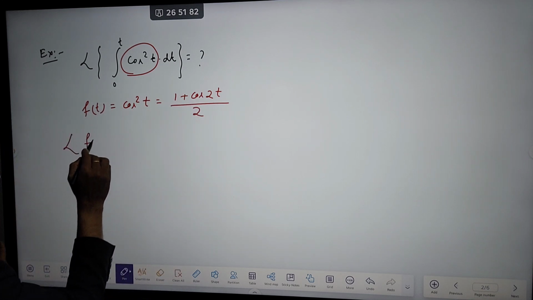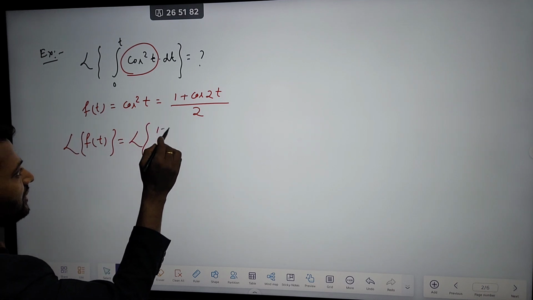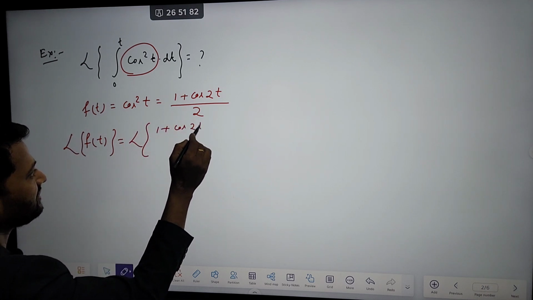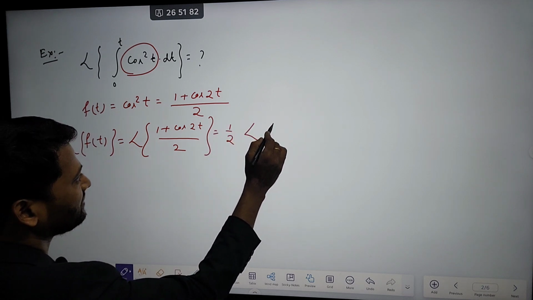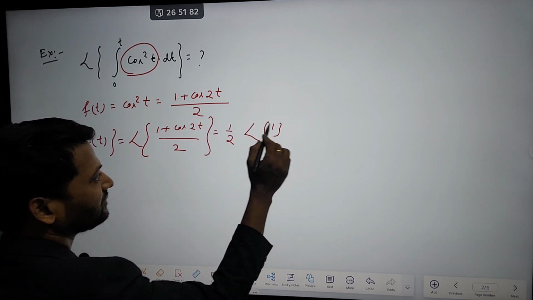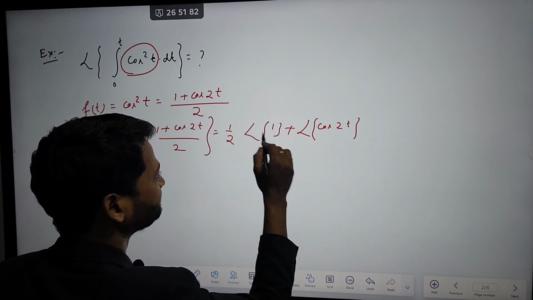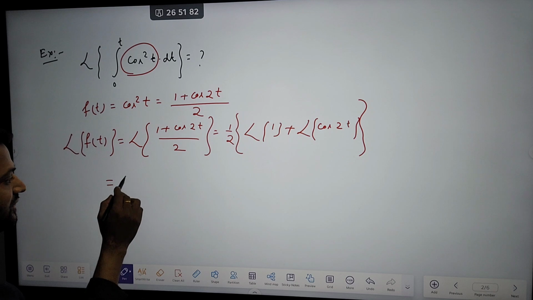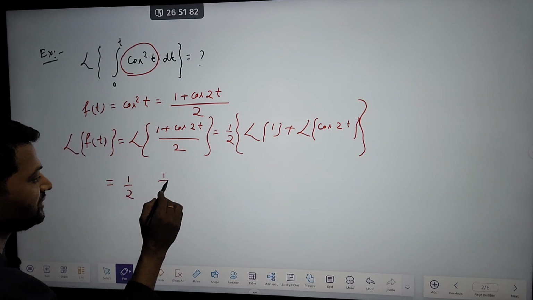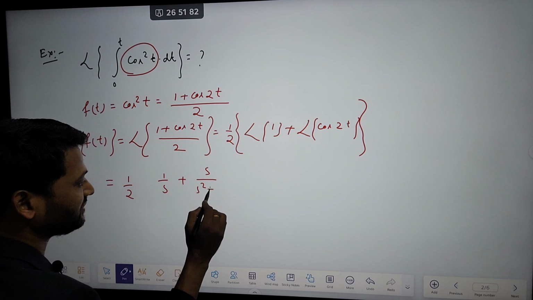If you take the Laplace of f of t, then it is the Laplace of (1 plus cos 2t) by 2. Here 1 by 2 was common, so half of Laplace of 1 plus Laplace of cos 2t. I can write here half, Laplace of 1 is 1 by s and Laplace of cos 2t is s by s square plus 4.